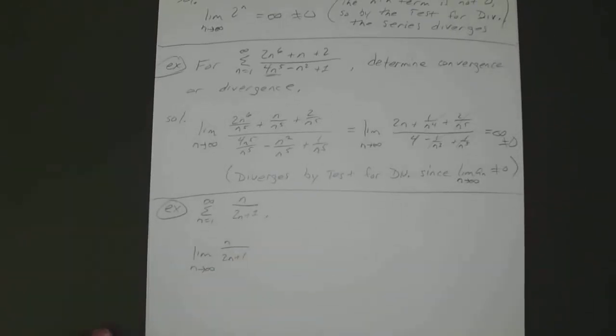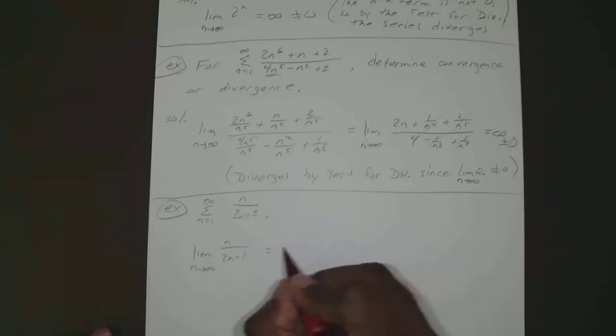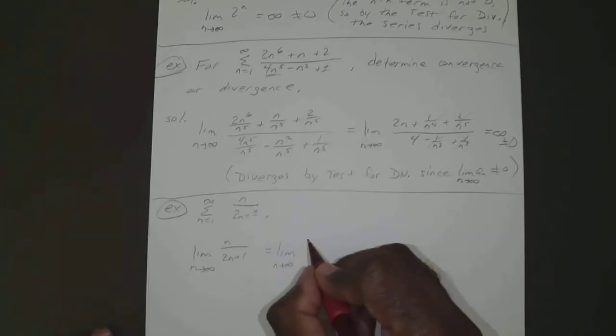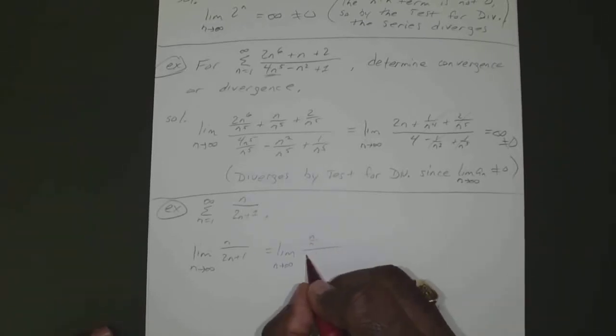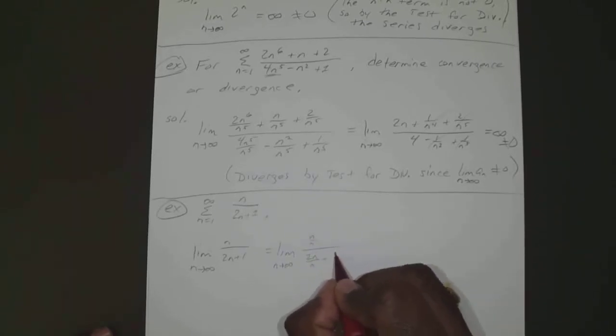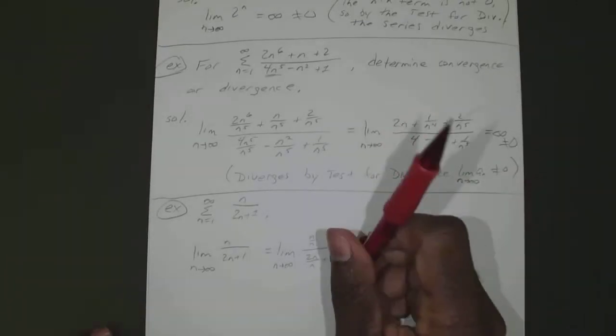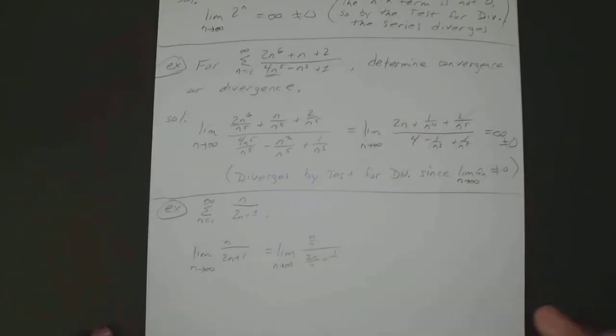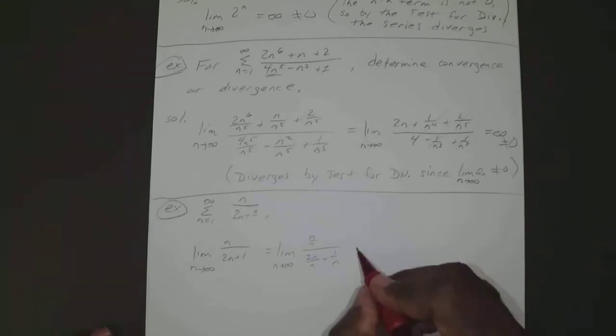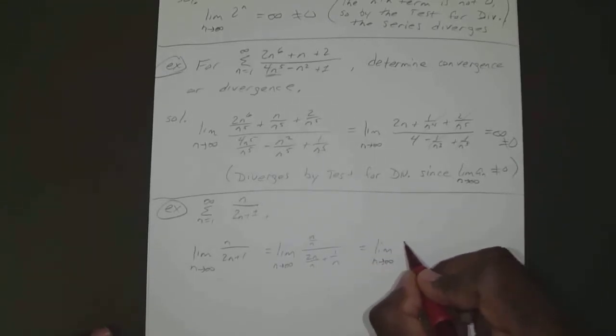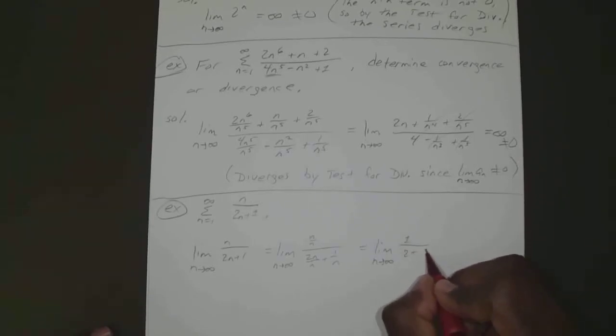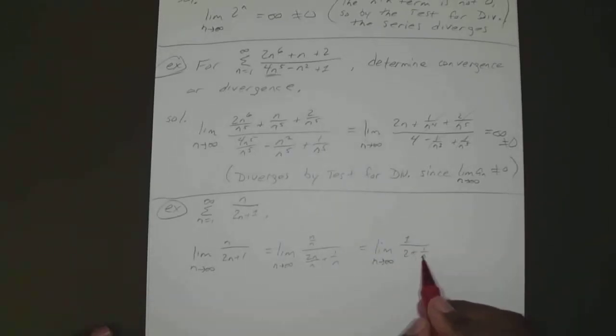And if we divide each term by n, we get n over n divided by 2n over n plus 1 over n. Which gives us the limit as n approaches infinity of 1 over 2 plus 1 over n, which just becomes 1/2.